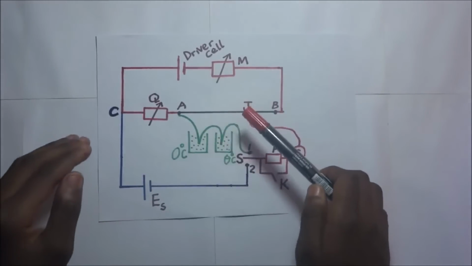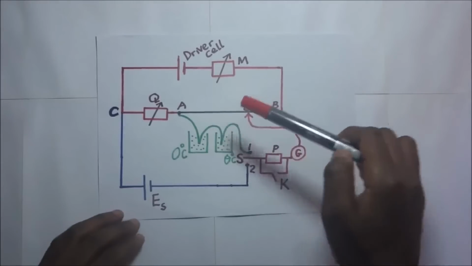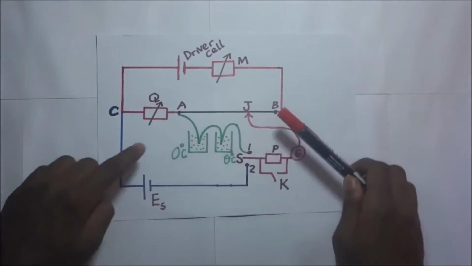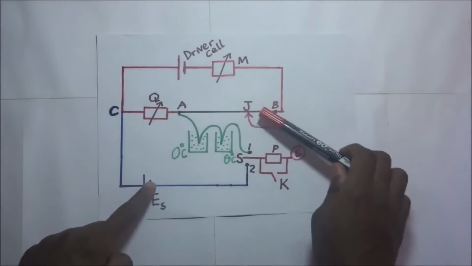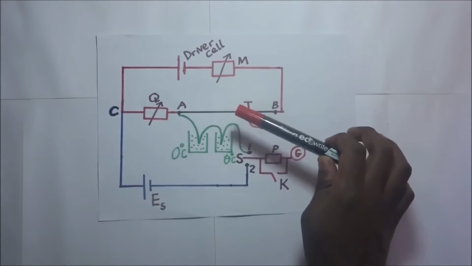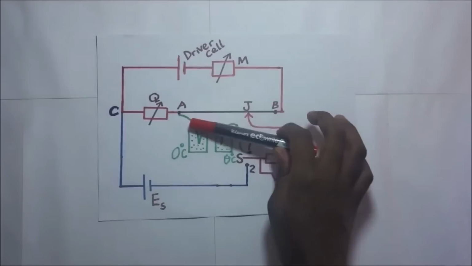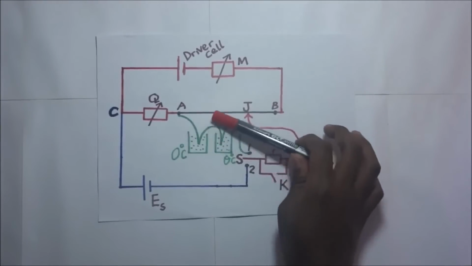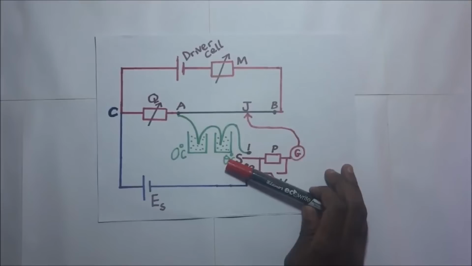So when we reduce the amount of current flowing through the primary circuit, we are able to get a potential difference across the slide wire that is of the same order as the EMF that we seek to measure in the secondary circuit.